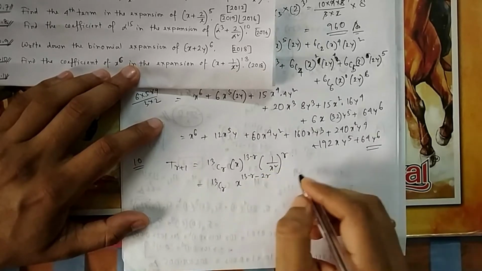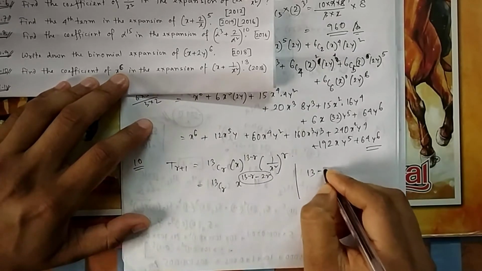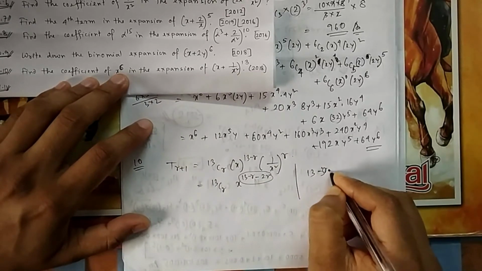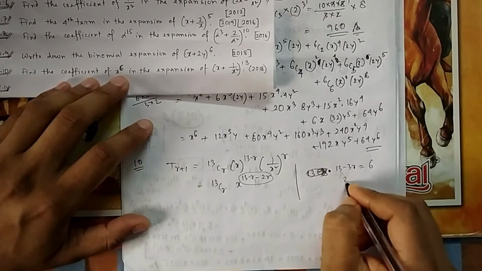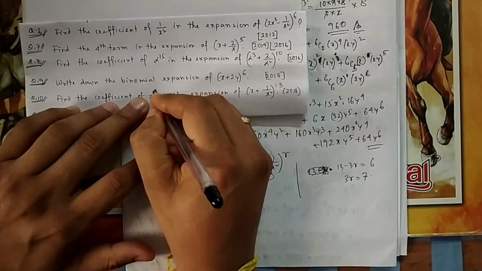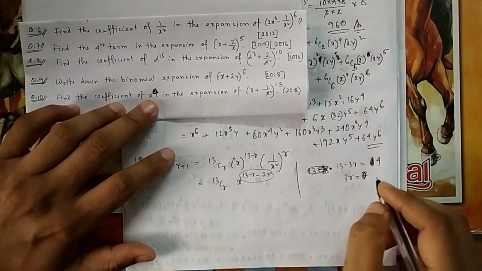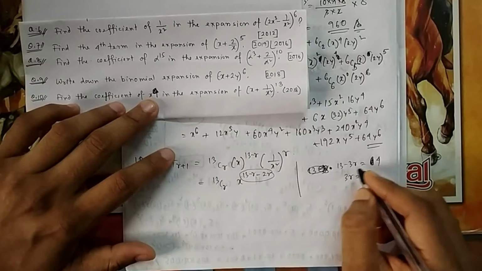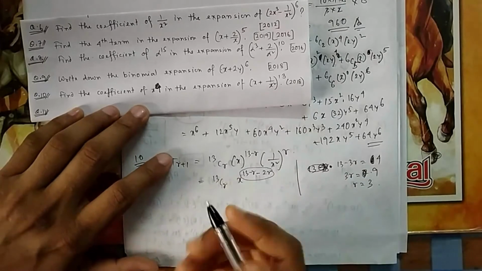So this should be equal to what is asked here? x to the power 6. So 13 minus r minus 2r is 13 minus 3r, that should be equal to 6, or 3r should be equal to... you corrected, this should be x to the power 4. So this is 4, so it will be 3r equals 13 minus 4, that is 9. So once you know r, then you can easily find the coefficient.